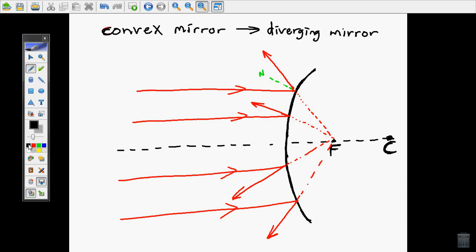This focal point over here is called a virtual focal point because there really isn't any light there. If you put a little piece of paper there, you're not going to start it on fire. It's just that all the rays reflect as if it came there.